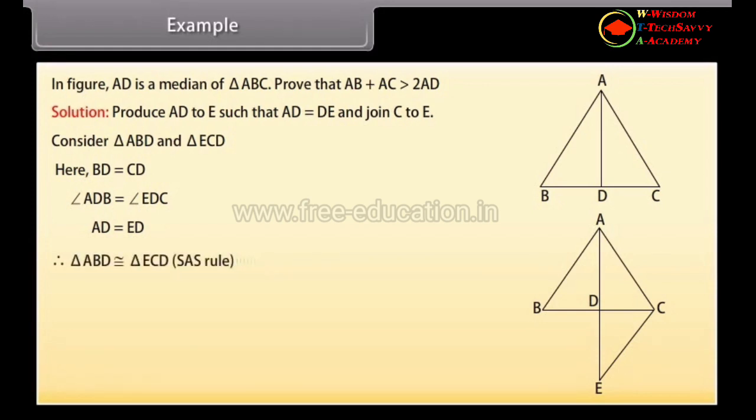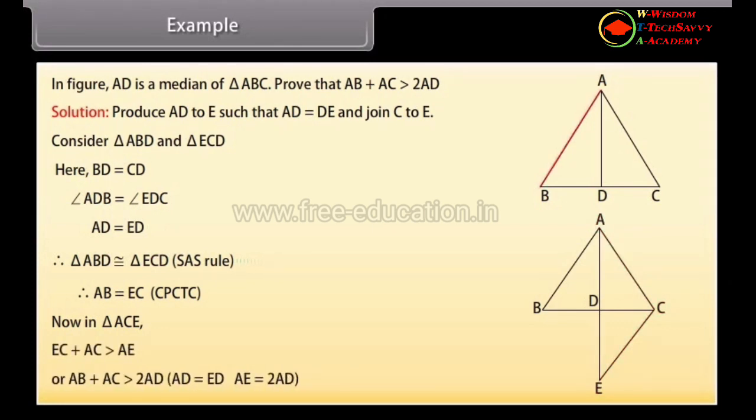Therefore, by SAS congruence rule, triangle ABD is congruent to triangle ECD. Therefore, AB is equal to EC by CPCTC. Now, in triangle ACE, EC plus AC is greater than AE, or AB plus AC is greater than 2AD, because AD is equal to ED, which implies that AE is equal to 2AD.